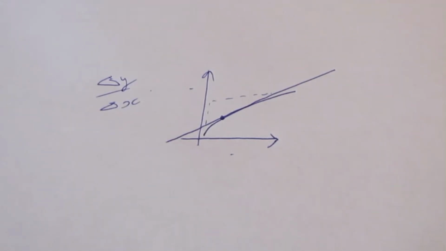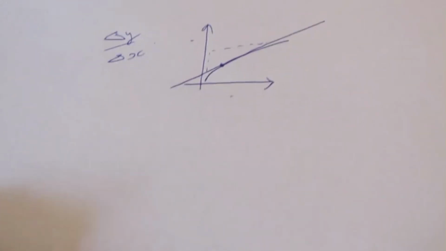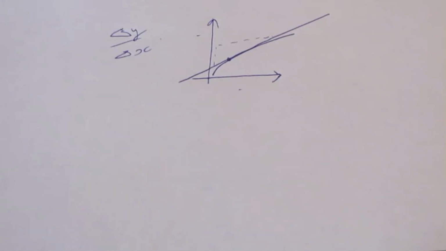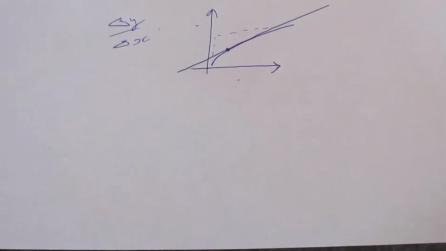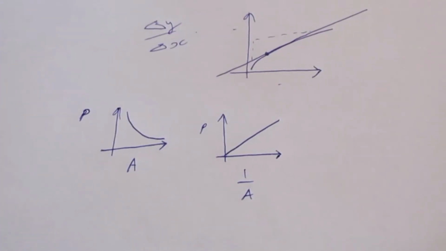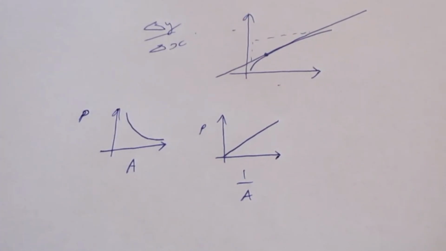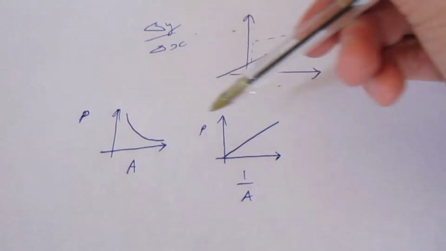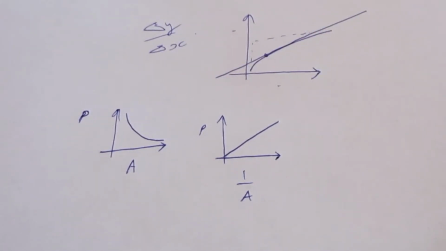Another thing is that often in your PAG investigations you'll get relationships that don't quite look like they have any kind of correlation. Let me show you an example. These two graphs are taken from the ideal gases, which you'll get to in year 13.